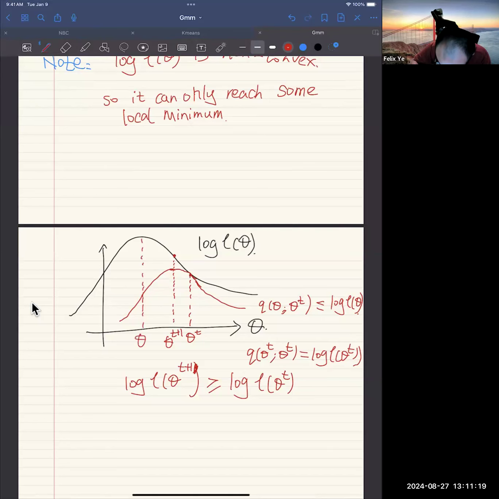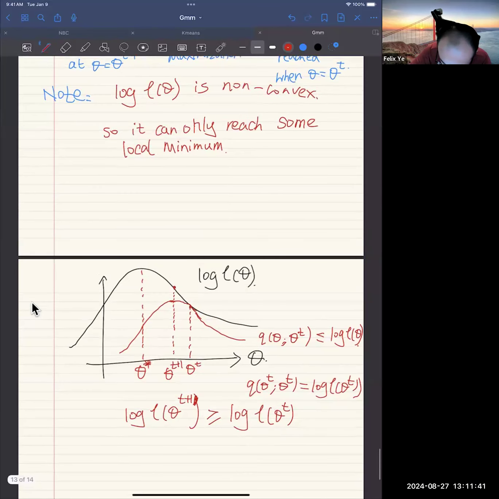The optimal theta is right here. But as we continue to iterate theta t, we can guarantee it is on the trend going to the local maximum. Sorry, this shouldn't be minimum.